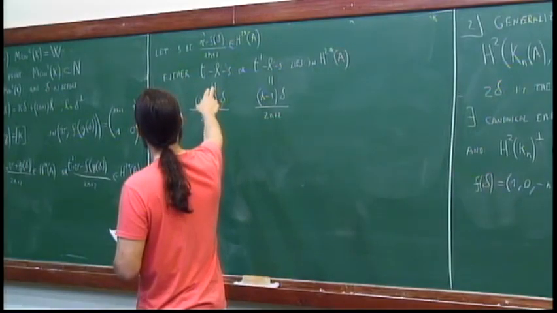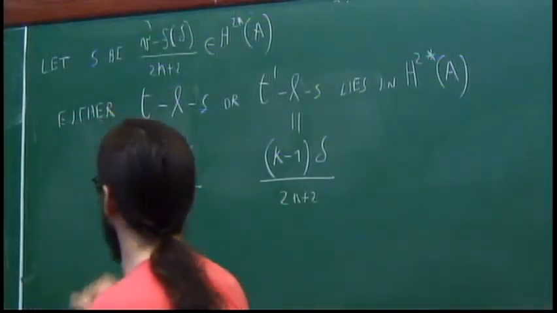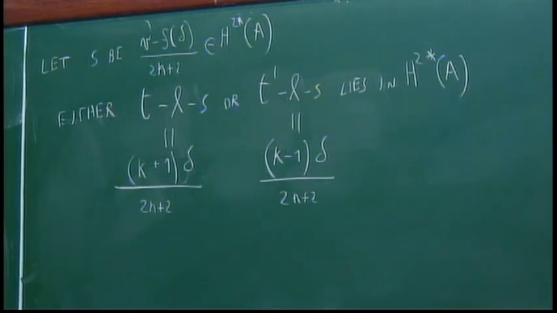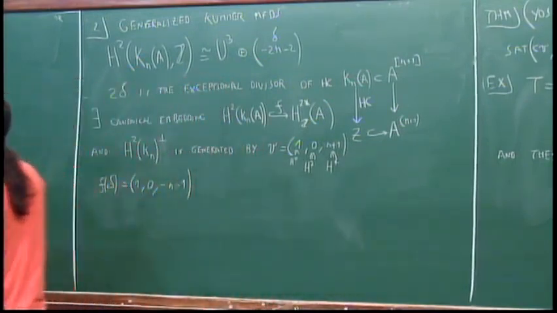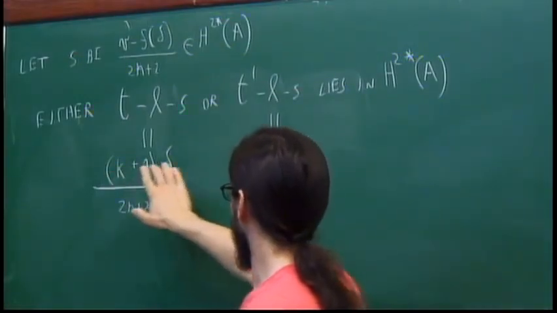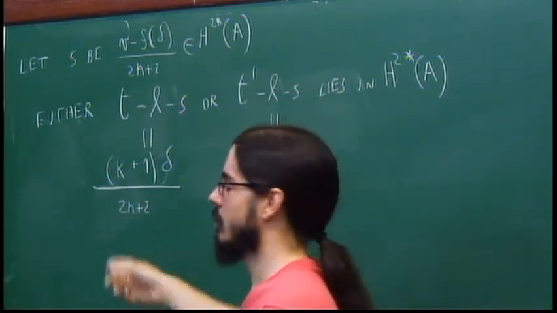But now delta is a primitive element in this cohomology. So either K plus 1 or K minus 1 must be divisible by 2n plus 2.